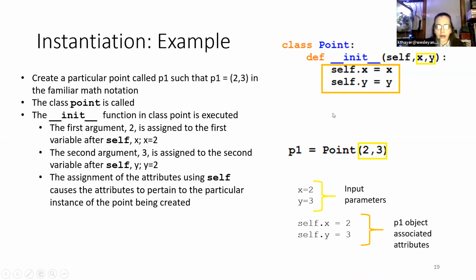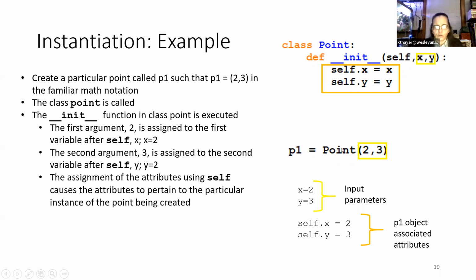All right, so here we are. Let's take a look at what's happened so far. Here is our variable name. This will be a particular point called P1. What this says is P1 is going to be a particular instance of the class point. So this calls class point. Sort of like how we called functions, this is like a class call.